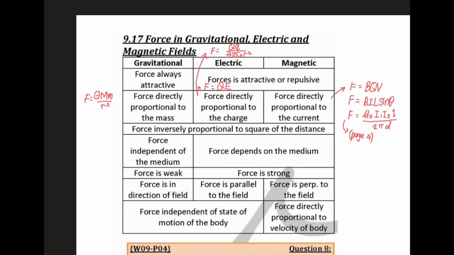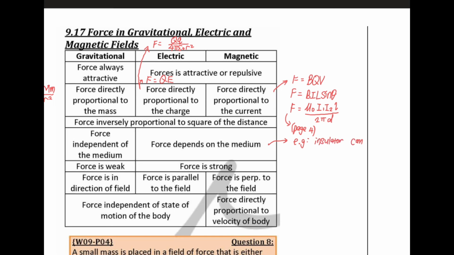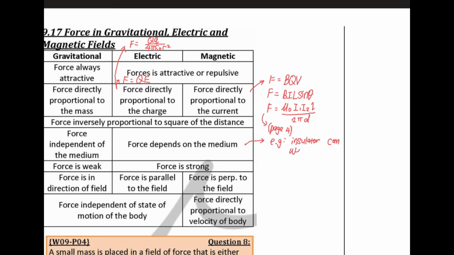But electric force and magnetic force depend on the medium. So how? For example, an insulator can weaken the electric field.